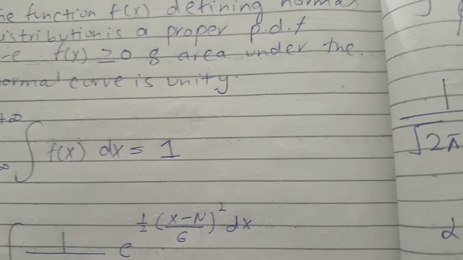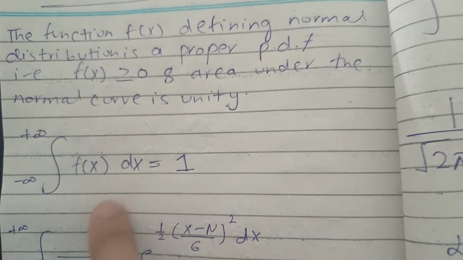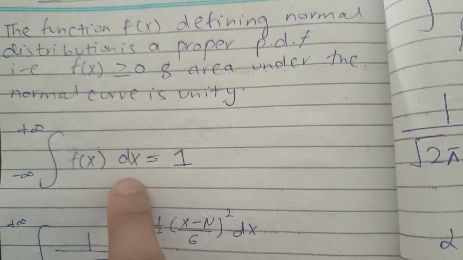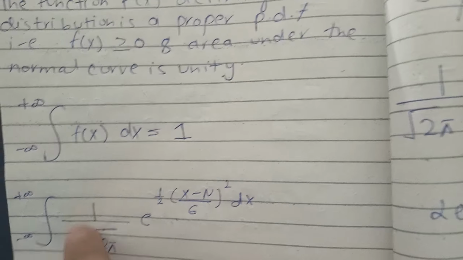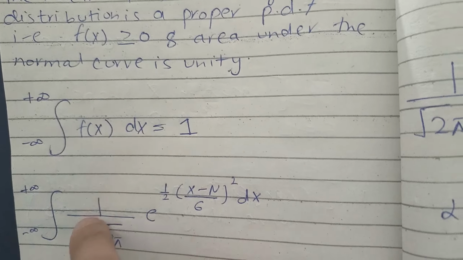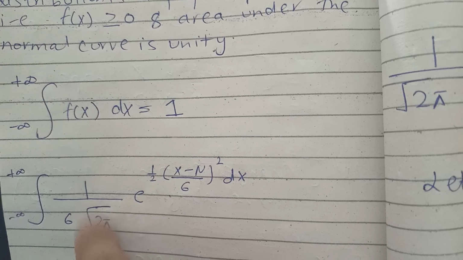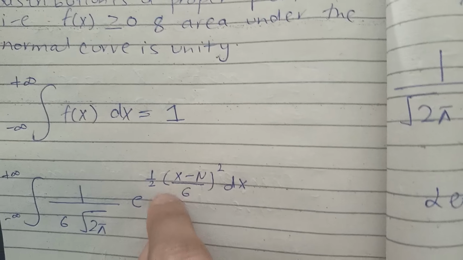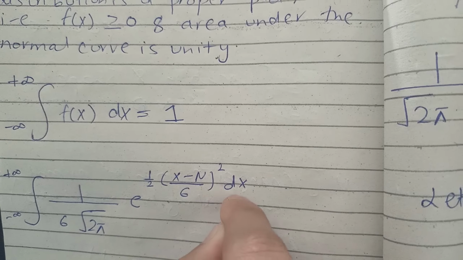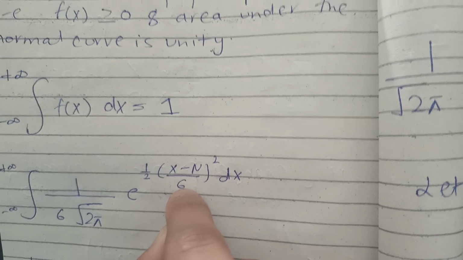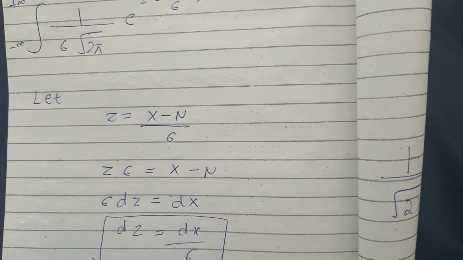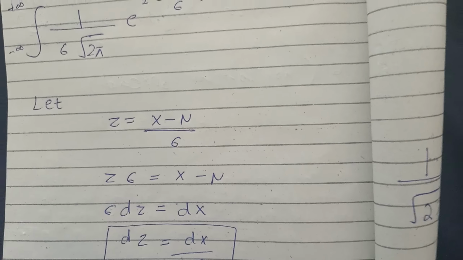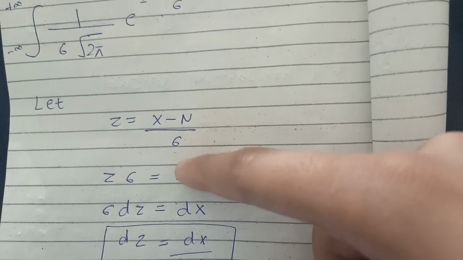So we had this function, as I told you, with limits from minus infinity to infinity, as we know about normal distribution, and we're going to say the integral of f(x) dx is equal to 1. So we're going to take the formula of normal distribution here, which is 1 over sigma root 2 pi, e raised to the power minus 1 by 2 times (x minus mu) over sigma, squared, dx. As we know, z is equal to (x minus mu) over sigma.